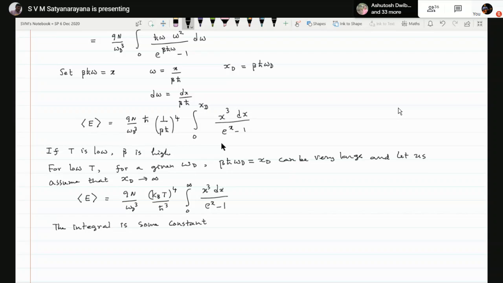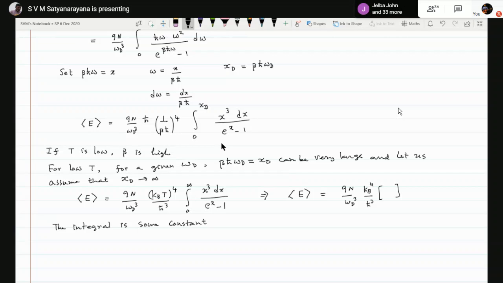So this implies that this average energy, which is essentially the internal energy of our system, is 9N by omega_D cubed into k_B to the power 4 by h bar cubed into some constant, that is this integral.